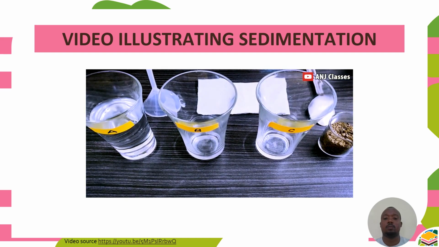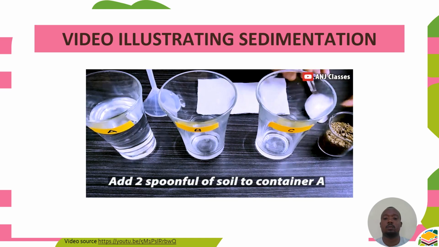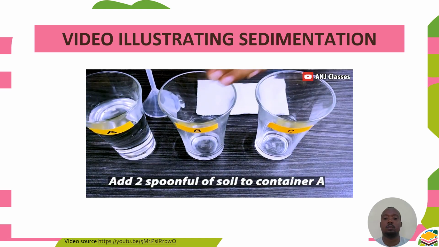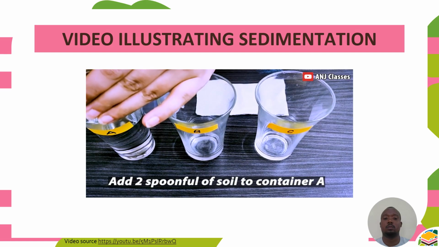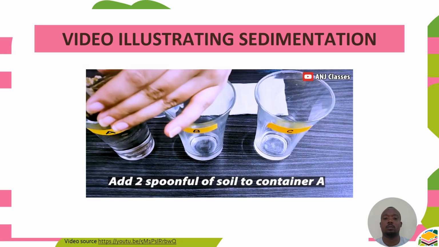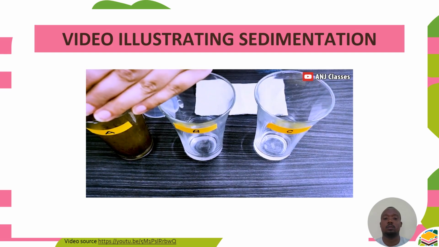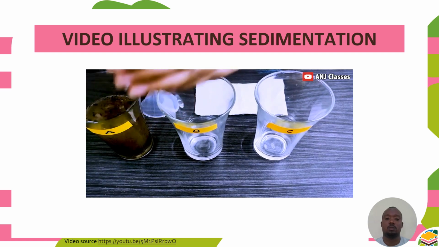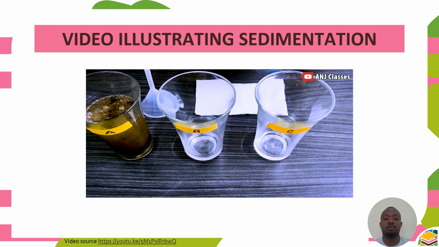First, we will add 2 spoonfuls of soil to glass A. Remember, the soil is an insoluble solid, while water is our liquid. In sedimentation, we are using a liquid and an insoluble solid.